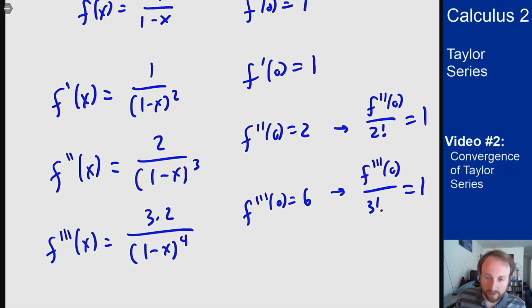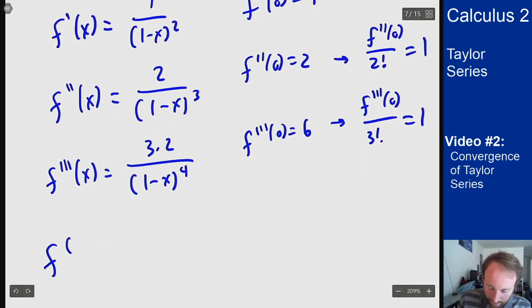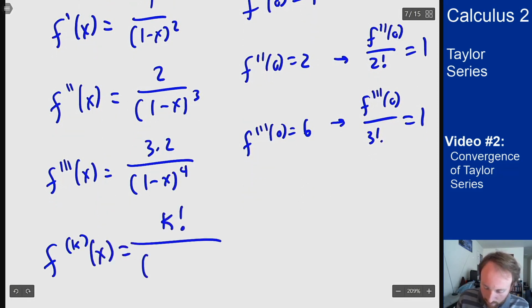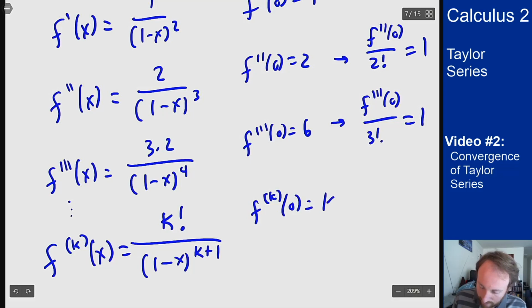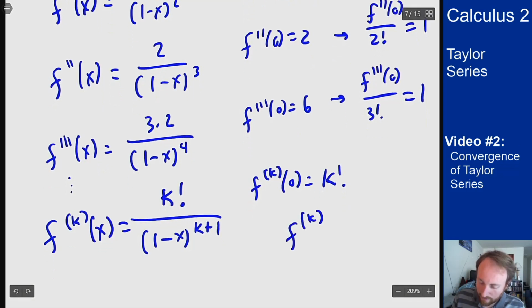As I keep going, I'm going to multiply the top by 4, and then 5, and then 6, and then 7. The point being, I will get that the kth derivative of f at x is going to be k factorial over 1 minus x to the k plus 1. If I plug in 0, I get k factorial, which tells me f^(k)(0) over k factorial is 1.